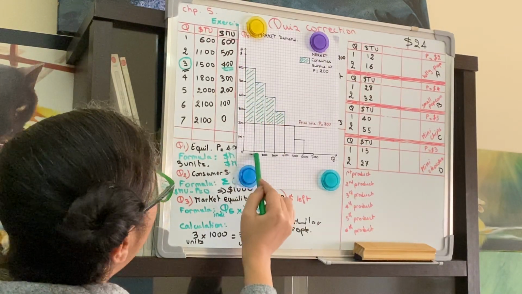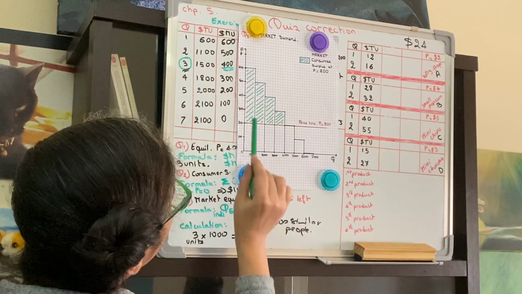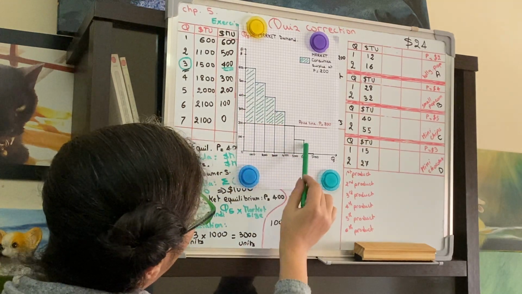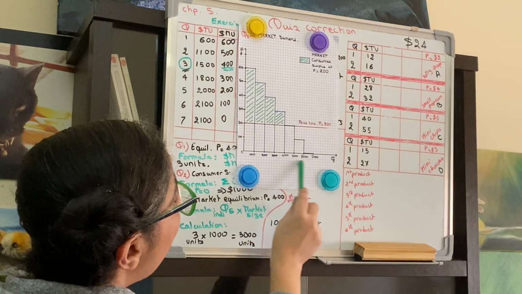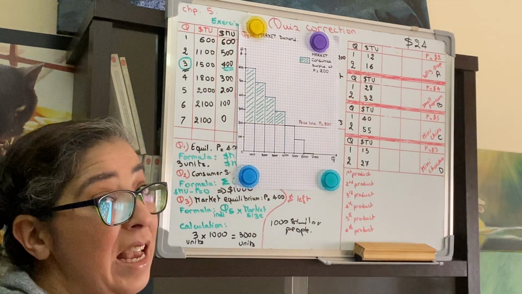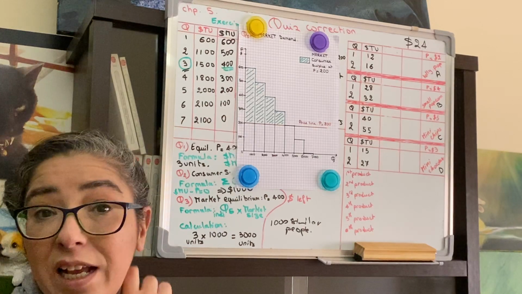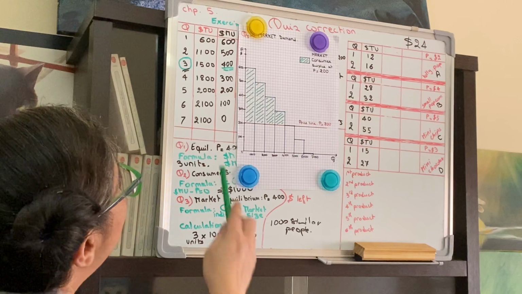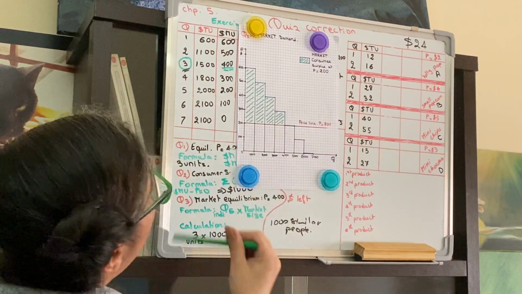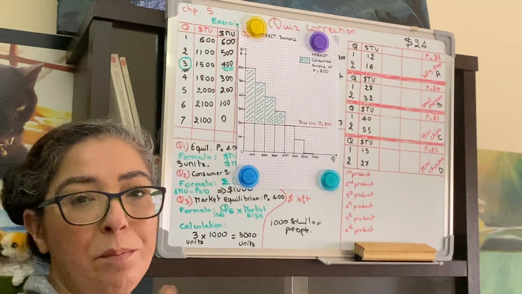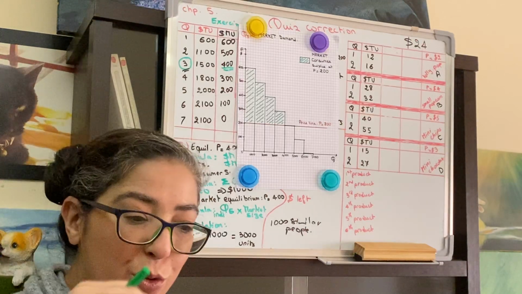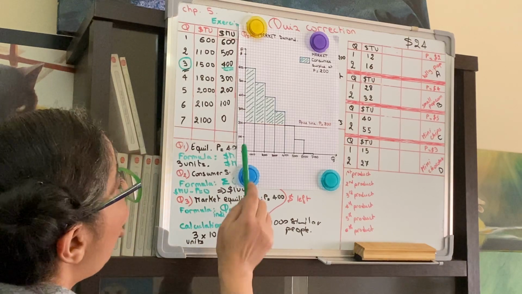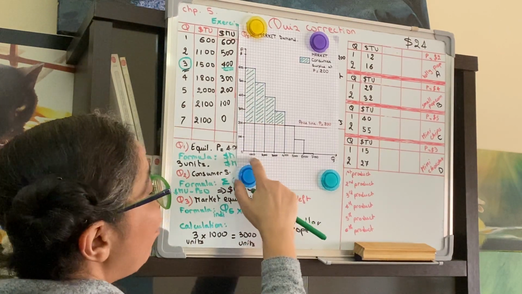So 600, 500, 400, 300, 100. Now, for the x-axis, it's not for one person now, it's for 1,000. So if at price 600, I buy one, you buy one, the other one buys one. So each one of us buys one, and we are 1,000 people. So the whole market buys 1,000.